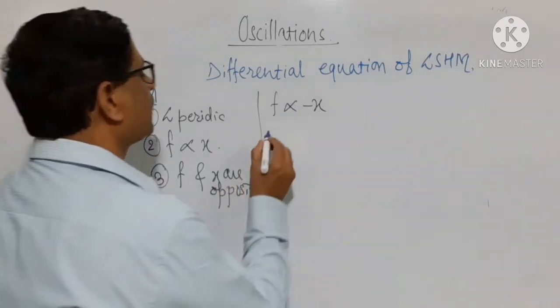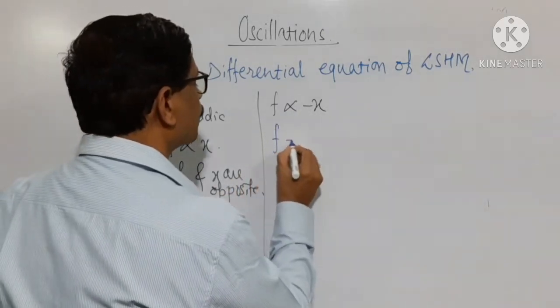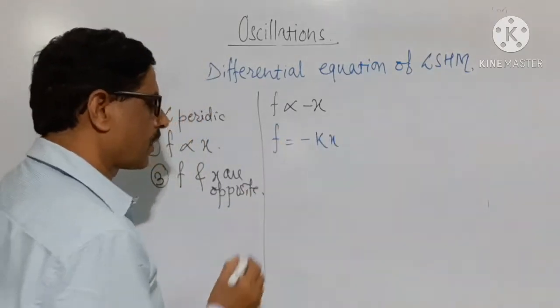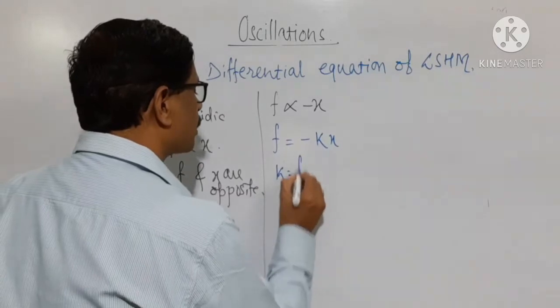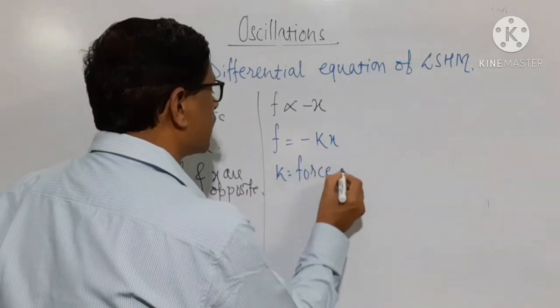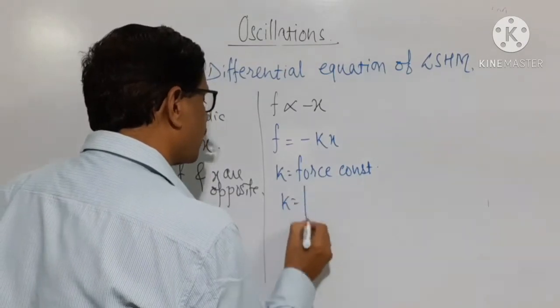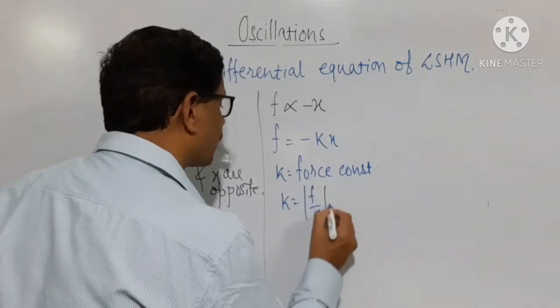With this I will write the force is equal to minus k into x, where k is a force constant, and this force constant is equal to the force per unit displacement.